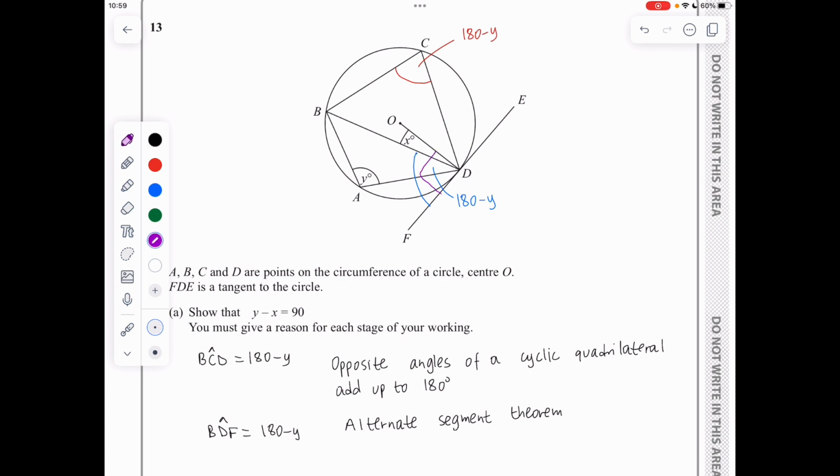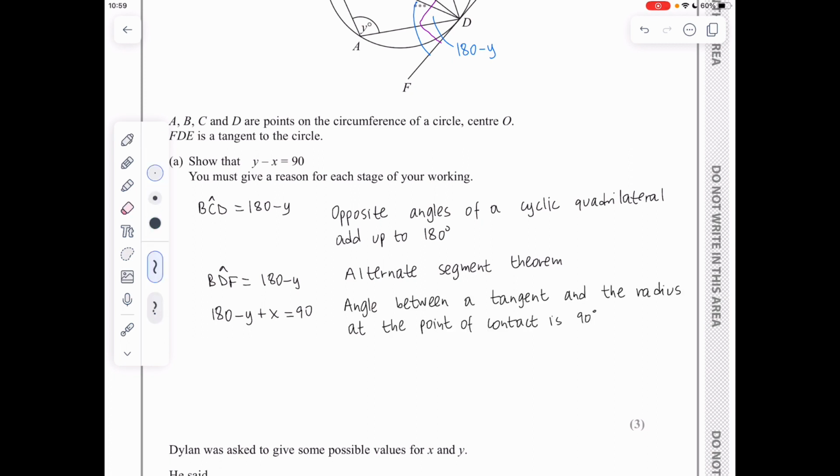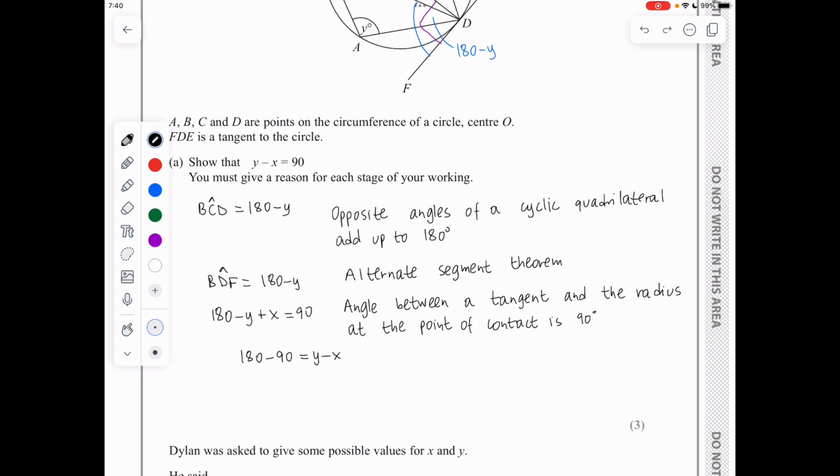So we say that 180 minus y plus x should be equal to 90, and we also provide the reason that the angle between a tangent and the radius at the point of contact is 90 degrees. This means that 180 minus 90 is y minus x, and therefore 90 is y minus x as required.